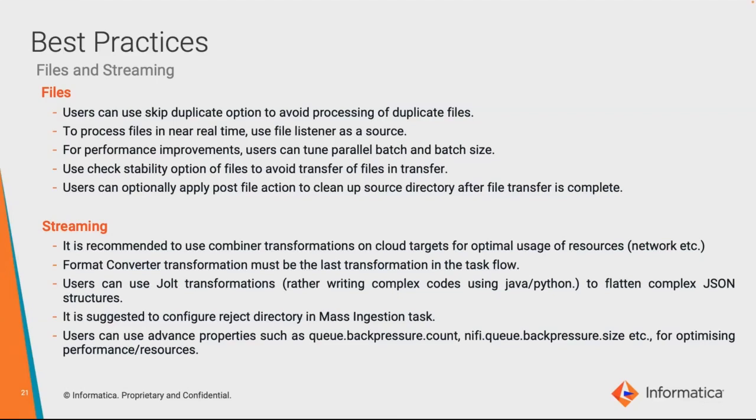And configuring your reject directory is again important in order to identify what data was rejected, which is not there on the target. So that's something which should be done and aptly configured. And users can also set up some advanced properties, which help in optimizing performance and use of resources on the streaming side.